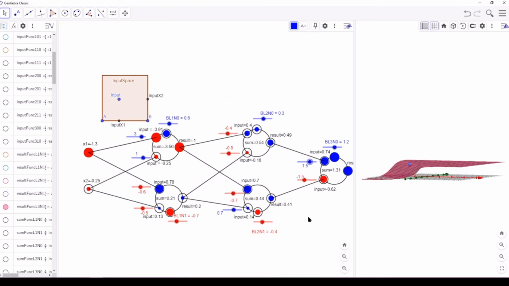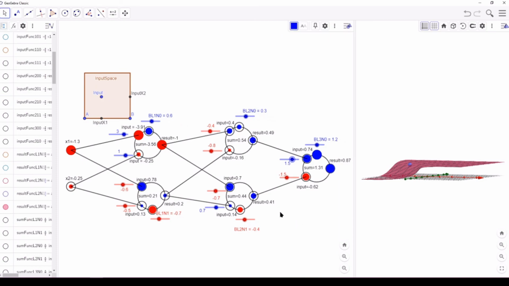That's basically it. You can play around with it. I have a link in the description to this GeoGebra file, and I think it gives some more intuition about what happens in the individual neurons.